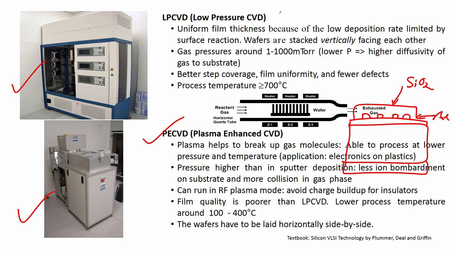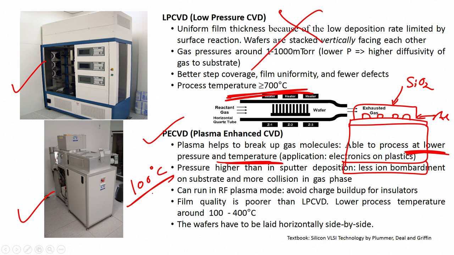Then you cannot use LPCVD because the temperature is greater than 700 degrees centigrade, but we can use PECVD because the temperature is low. How low? We can deposit the film at 100 degrees centigrade, even less than 100 degrees centigrade.